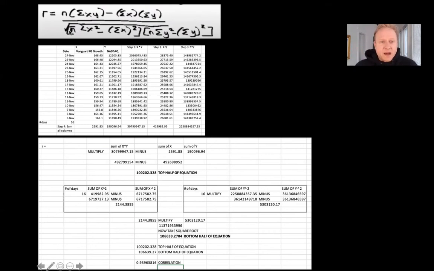Now the bottom half is this equation here, translated down here. So number of days, n, is 16. See the n right there? And then sum of x squared, that's the 419,000 number, minus the sum of x, squared, and we put that one in there.